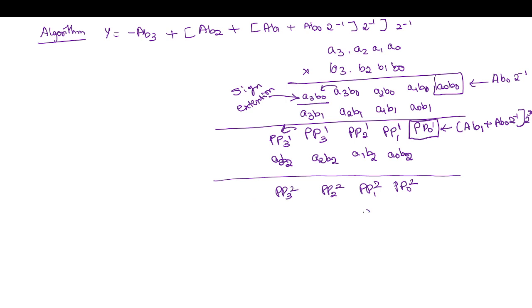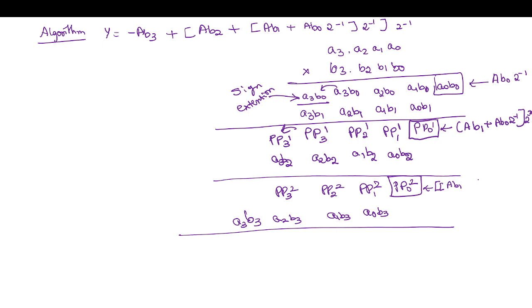Now B3, so A0 B3, A1 B3, A2 B3, A3 B3. And this one again, this term will be removed if I am performing A B1 plus A B0 2 to the power minus 1, one time, second time, and then now I have with A 2 to the power minus 3.